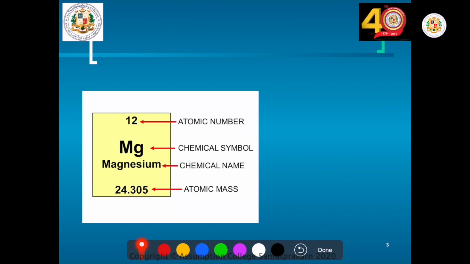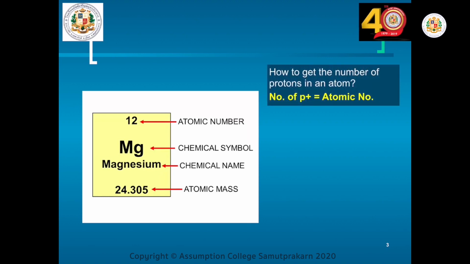Now, the information in every block of the periodic table also tells us how many subatomic particles they have in their atom, right? If you remember from our last lesson, the number of protons is equal to the atomic number. So in this example, we have atomic number 12, therefore how many protons does it have?